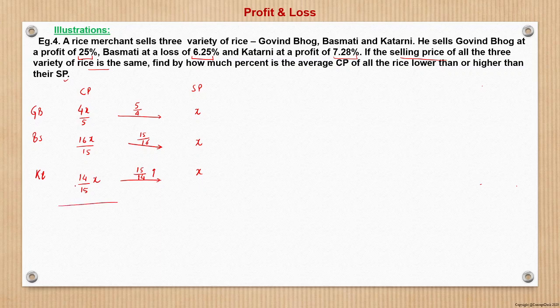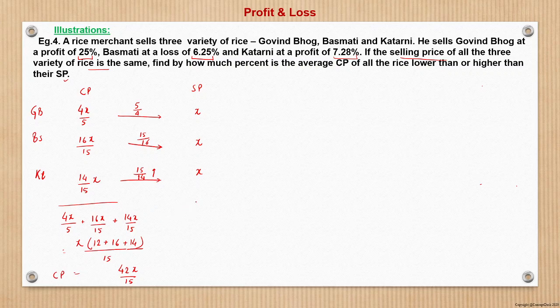We will simply add the CPs. It is 4x by 5 plus 16x by 15 plus 14x by 15. If we add, it becomes 12 plus 16 plus 14 into x, right? This gives 16 plus 14 is 30, 30 plus 12 is 42x by 15.